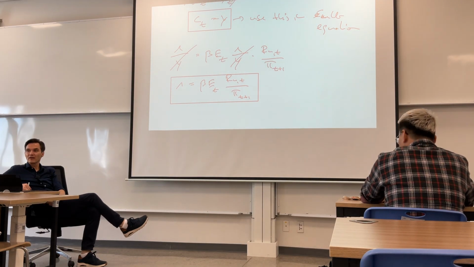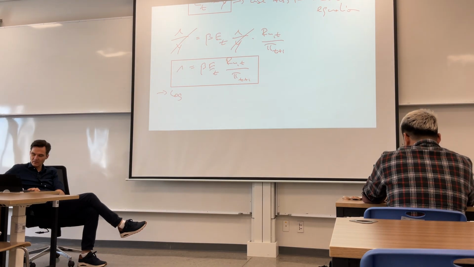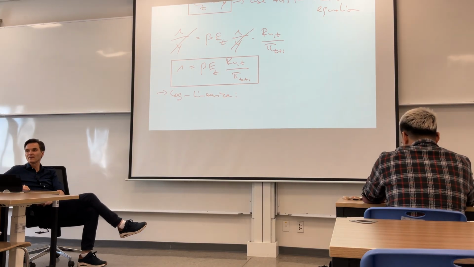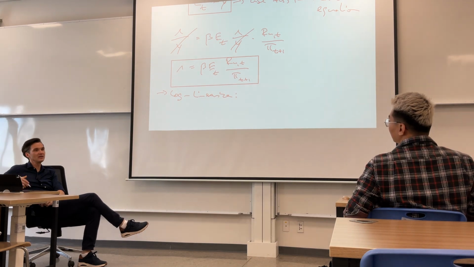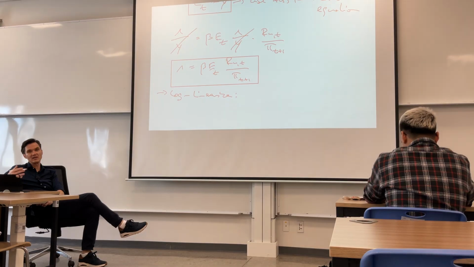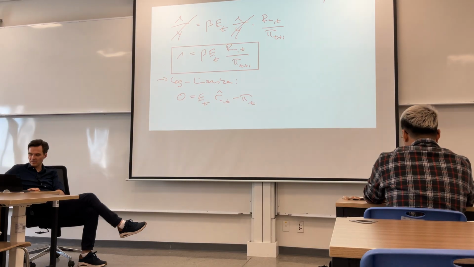And then when you log linearize this equation, how does it look log linearized? When you do a first order Taylor series expansion, we're not going to do this together step by step now, but you do a first order Taylor series expansion, and this equation is going to look like 0 is equal to E_t of Rn,t hat minus pi_t+1 hat.